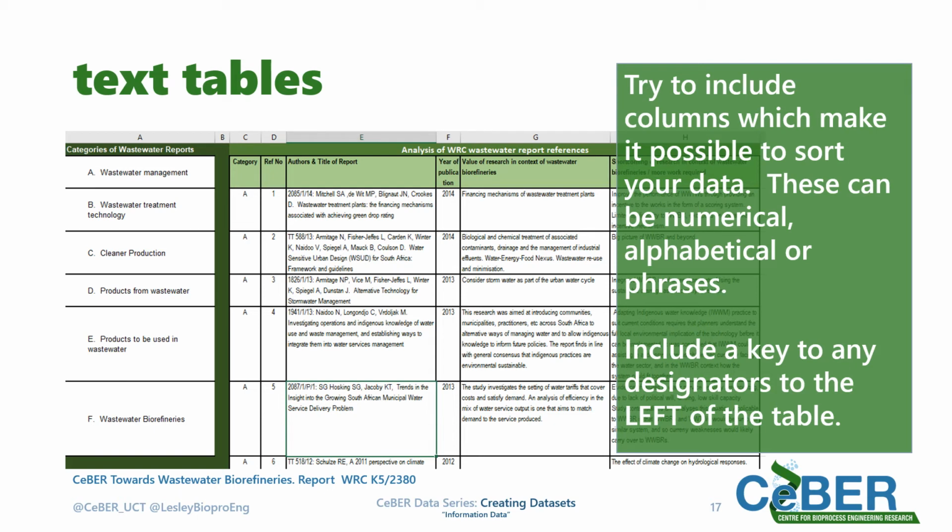Sometimes to divide into categories, you can use numbers, you can use letters, you can use a combination, you can even use phrases, which make it easy to sort your information. And again, use your colors, use your borders, use them wisely to make it easy to read.